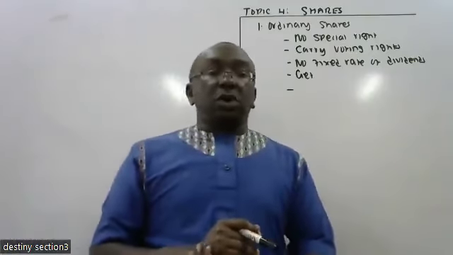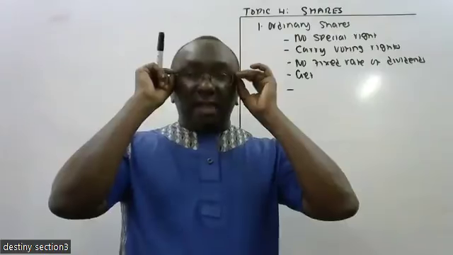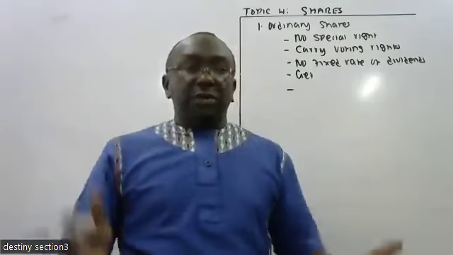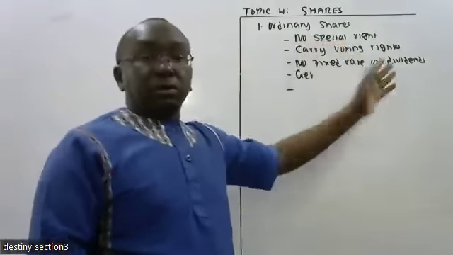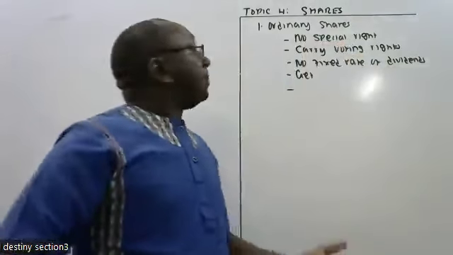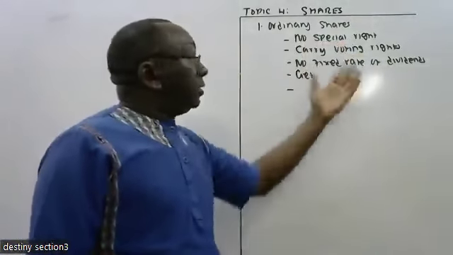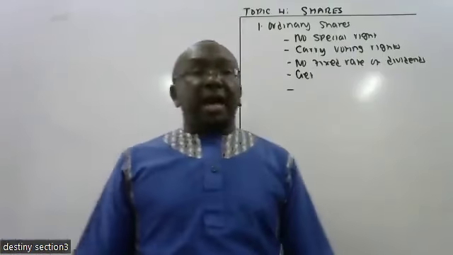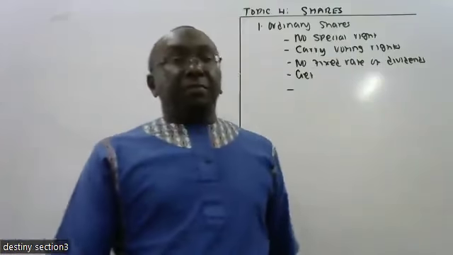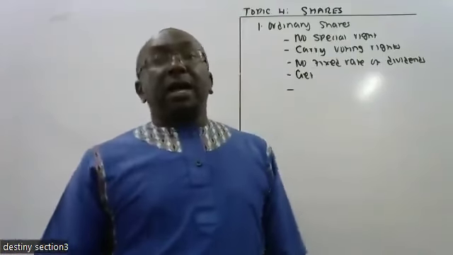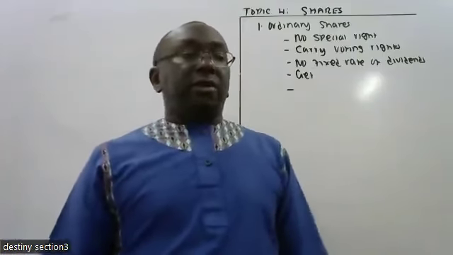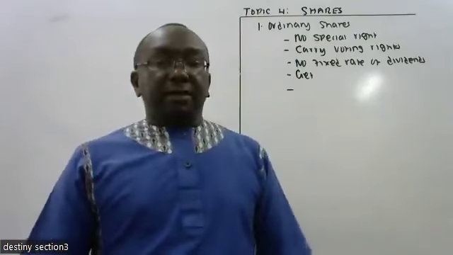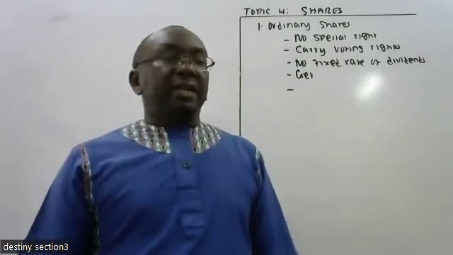So that is what we call ordinary shares. They are usually called ordinary because they don't have anything special. They carry voting rights, they don't have special rates of dividends, they get paid after we have paid the preference shareholders, and in case there is any capital that remains, if we are winding up, then they enjoy that.